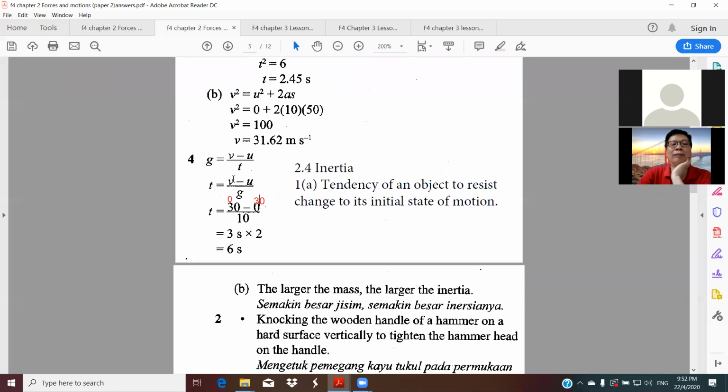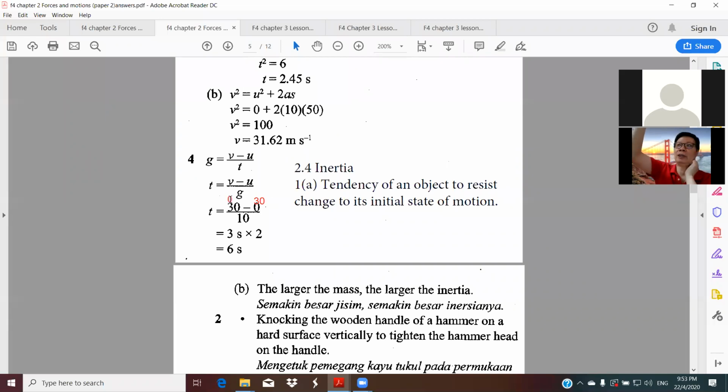Final velocity V when it reaches maximum height stops a while, so it's 0. Final velocity is supposed to be 0. Minus initial velocity 30 when you throw the stone, divided by G. G here is also wrong. You go up against the gravity, so it's supposed to be negative 10. So negative 30 divided by negative 10, you get 3, right? You still get the same answer, 3.